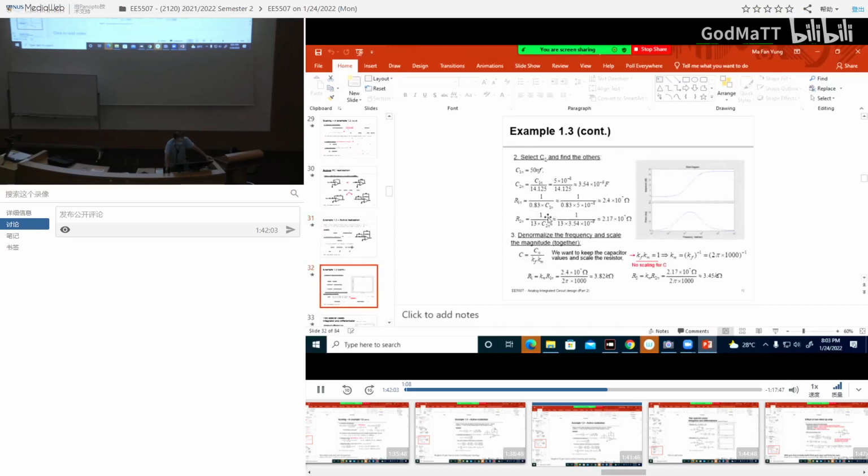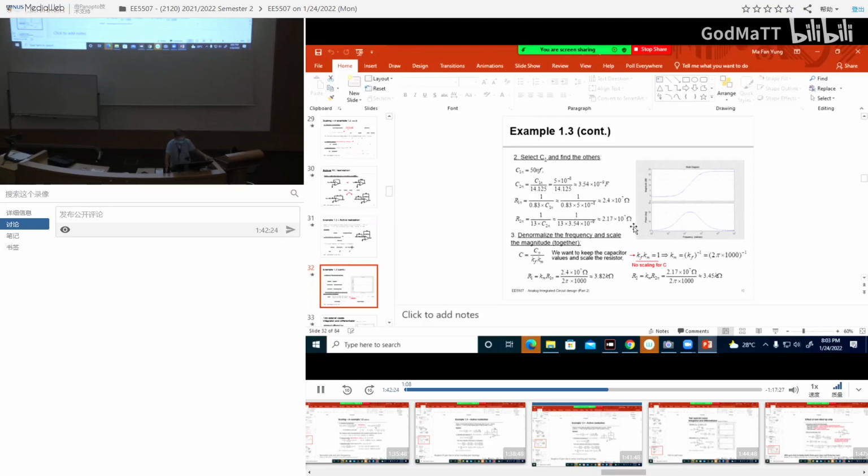And then once again, we have four unknowns, R1, R2, C1, C2, and we only have, I think, 3 equations, so we can pick one value. So we pick C1n to be 50 nanofarad, and then we can work out all the rest.